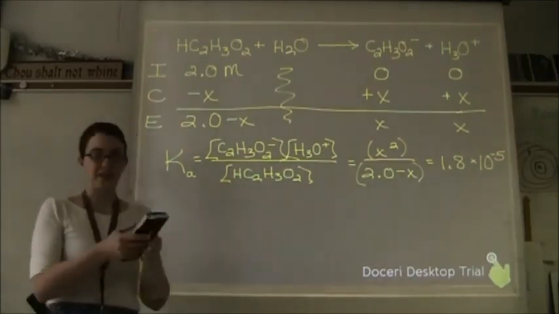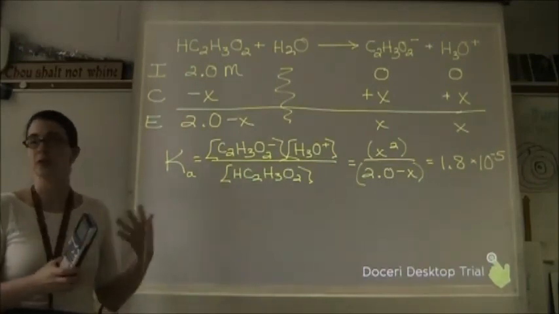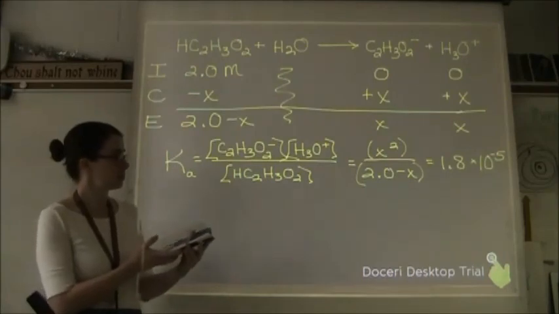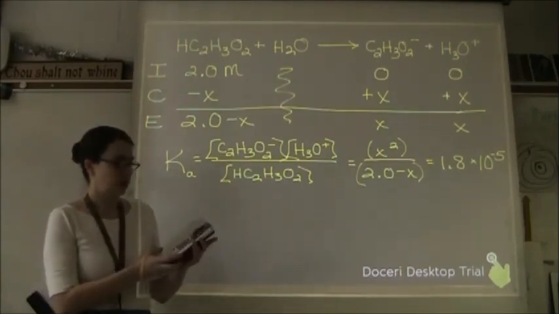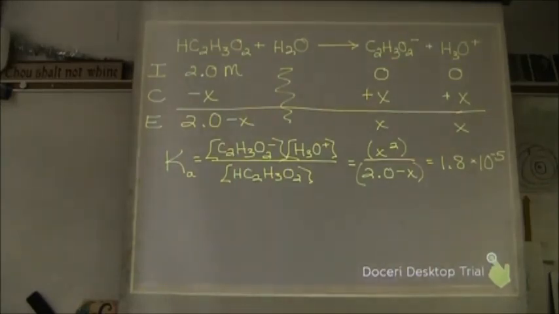You can hit graph if you want. I typically will go zoom standard, because that's just what I do. Now, this is review. You may or may not be able to see that intersection point, and guys, it's okay if you can't. We need to find the intersection point.